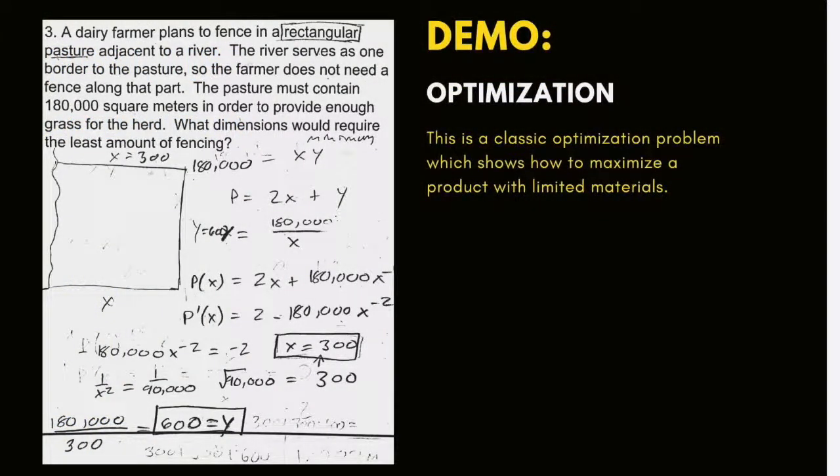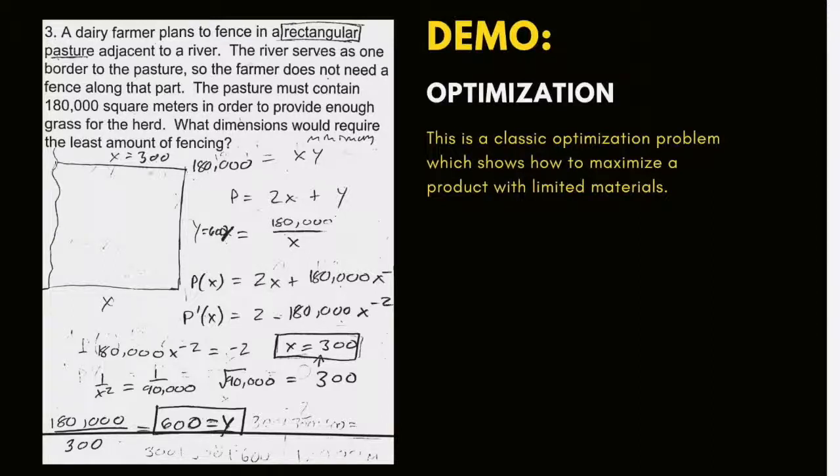So my demo is actually a problem that we've used in this course before, and this may not strike you as a business problem, but you could think of it as a fencing business helping this farmer create this pasture for his cows. So they are using optimization to find the least amount of fencing needed to create this pasture of 180,000 square meters.